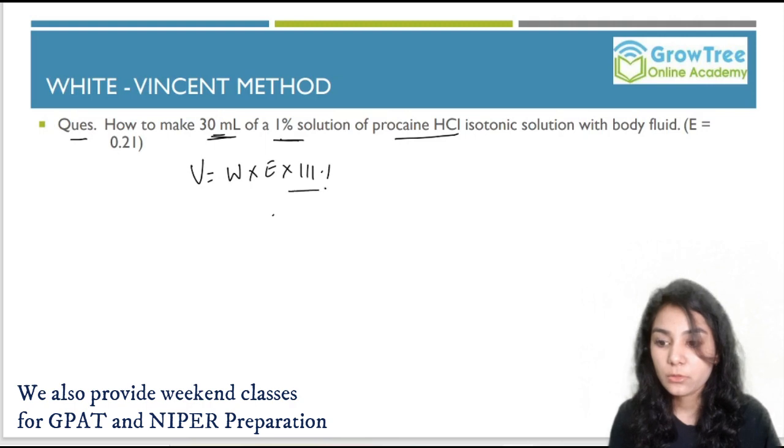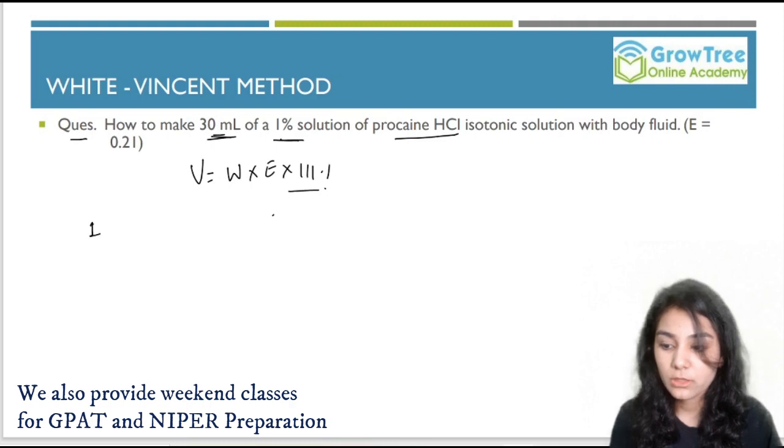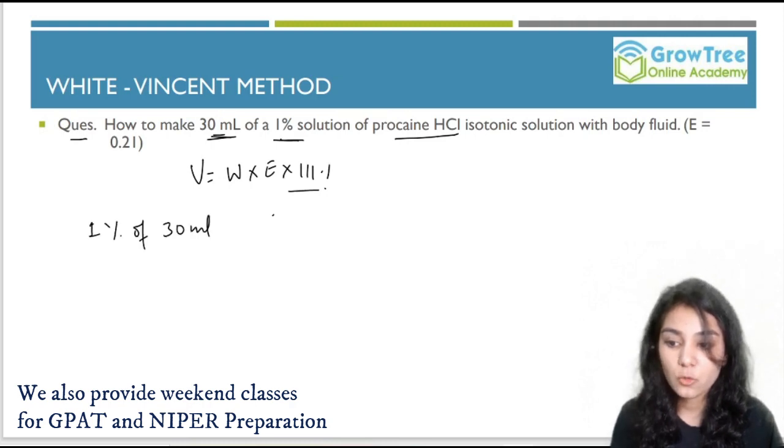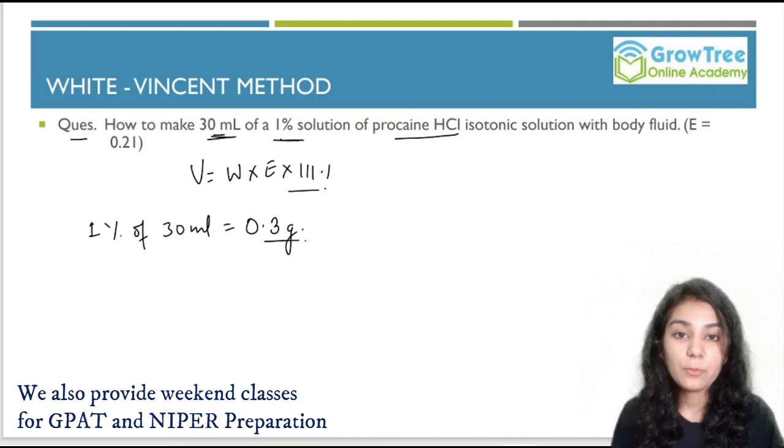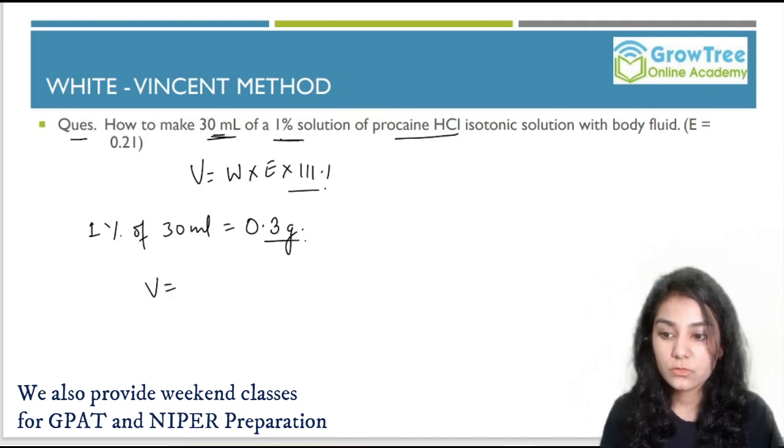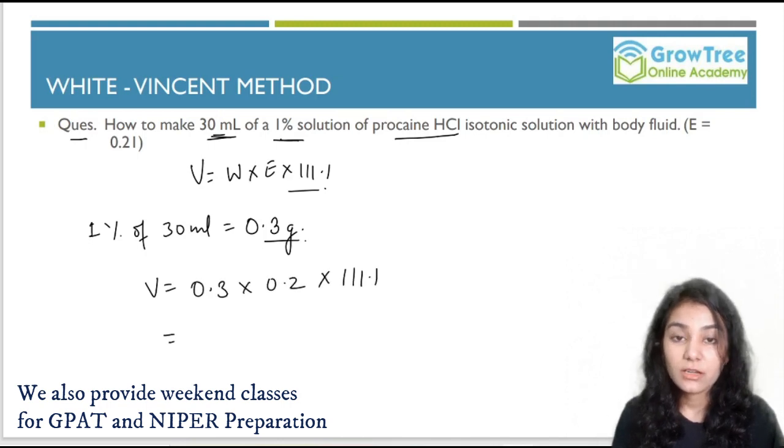Here W, the weight of the drug present in the solution, would be 1% of 30 ml, which is 0.3 grams. By putting the values in the formula, we get V equals 0.3 into 0.21 into 111.1, and after the calculation, we have 7 ml as our answer.